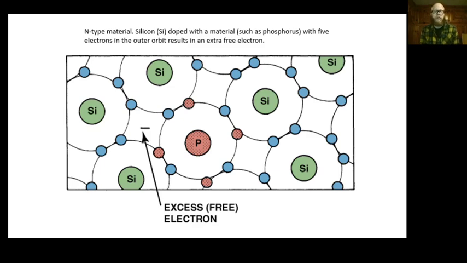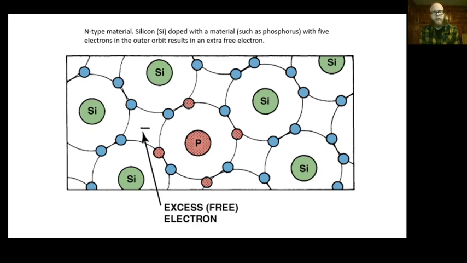So, long story short, our N-type material we dope with phosphorus, and phosphorus has 5 electrons in its valence ring. So phosphorus is a bit of an insulator.